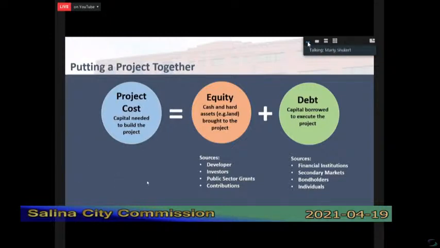Debt is what has to be borrowed to be able to build the project. So debt can be sourced from financial institutions, as it normally is, through secondary markets like Fannie Mae. So when a bank loans money to you as a home buyer, for example, typically that bank will sell that mortgage, doesn't hold it, although in some cases they do, but will sell that mortgage to a secondary market who accumulates all these mortgages and then pays a servicing fee.